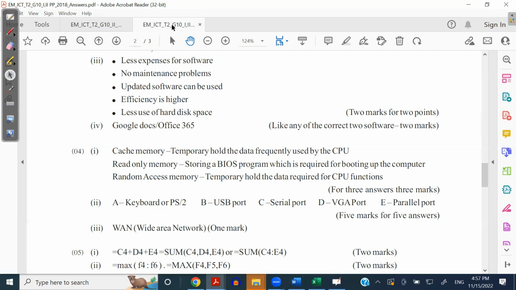So, and the final one that they're asking is to write a software which can be used for this facility, the cloud computing facility. So you can say Google Docs, Office 365, right? Yeah, those two are the best. Right? Google Docs or Office 365.